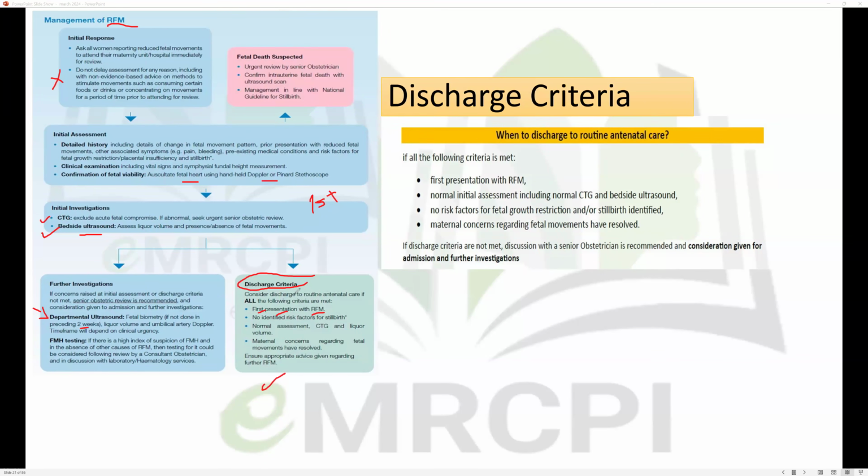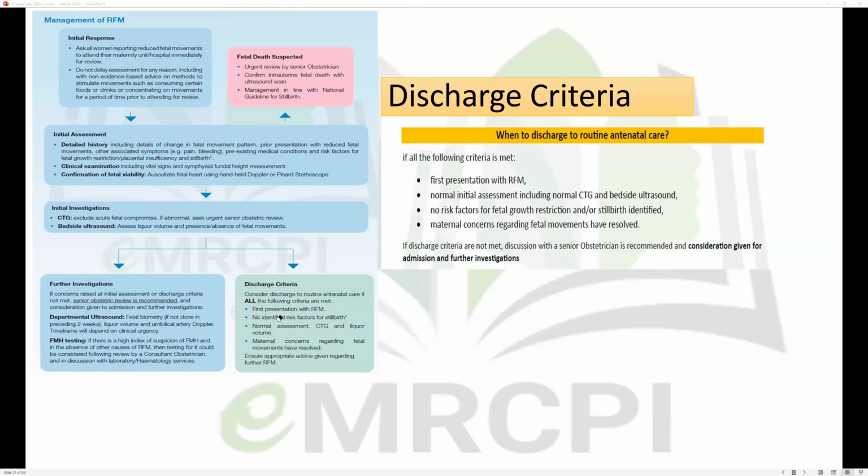So, my dear friends, were the patient's investigations covered or not covered, the ones recommended in the guideline? Covered or not covered?